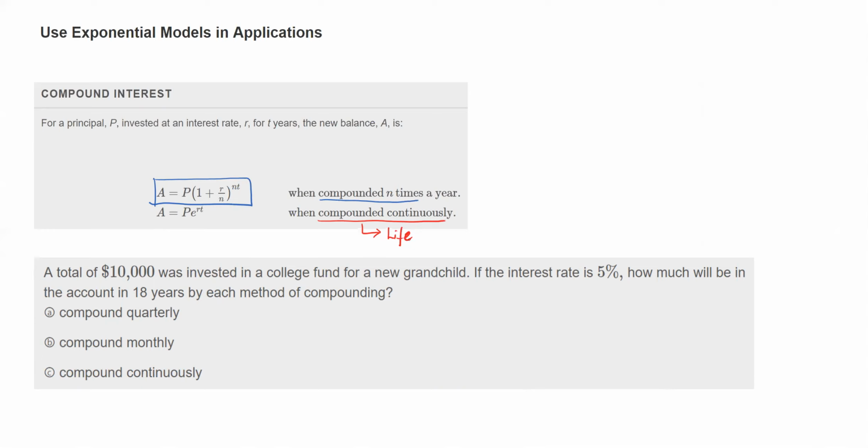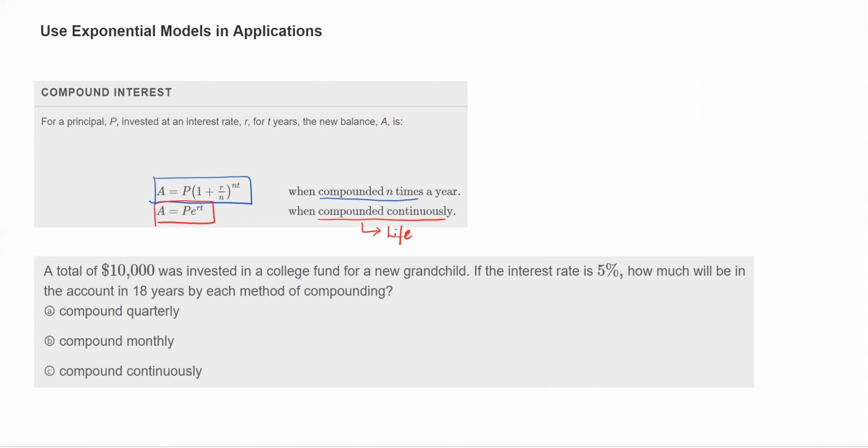So that's also a kind of growth. It's negative growth, but that's also some kind of growth. So you can see that in life, right? Anything related to life, the growth is continuous. The compounding is continuous. It cannot be measured by a certain time period. And because of that, we use this second formula, A equals P e power rt.